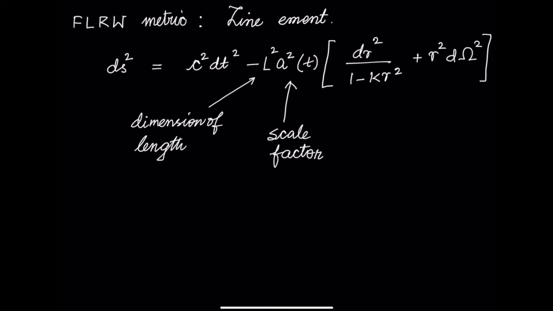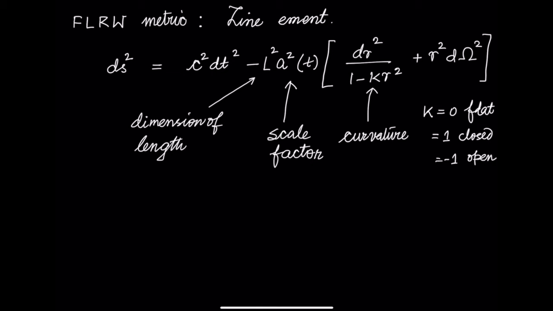Everything else, all the other functions, are determined. And this k has the information of the spatial curvature. k equals 0 is flat, 1 is called closed, and -1 is called open. So these are the only three values possible for k. And this is your FLRW line element.